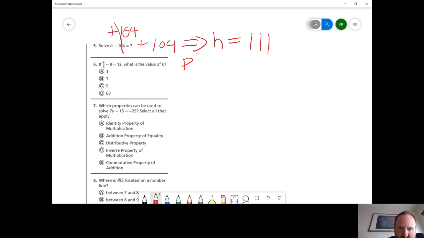It's parentheses, exponents, multiplication, division, and addition and subtraction. Addition and subtraction go together, multiplication and division go together. If you see anything in parentheses, do that first, then exponents, then multiplication and/or division, and then addition and subtraction.